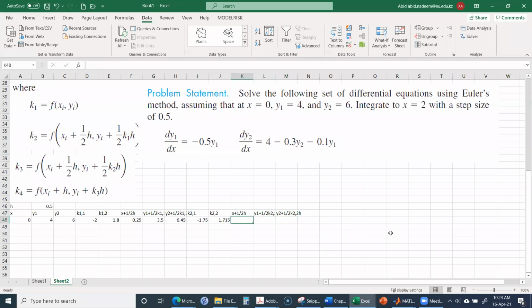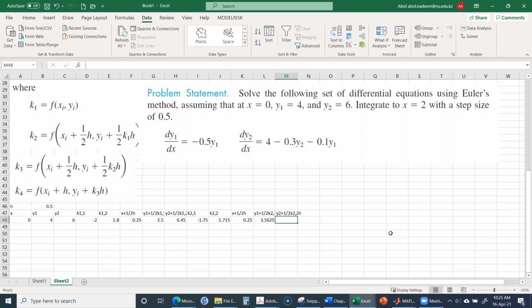So it is equal to x plus 1 by 2 times h, which is here. And then it is y1, which is here, plus 1 by 2 times K2 of the first equation times h, which is here.